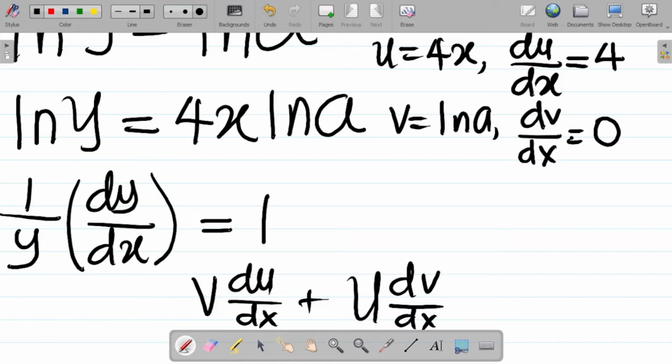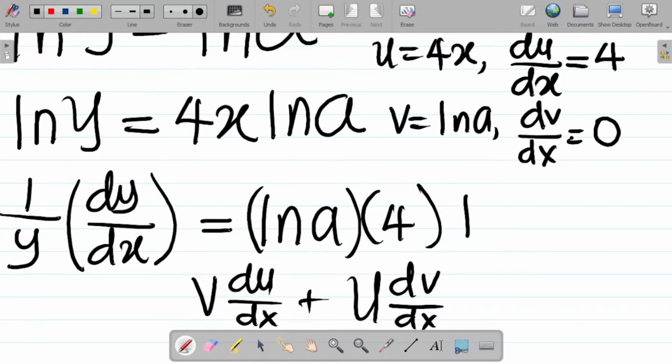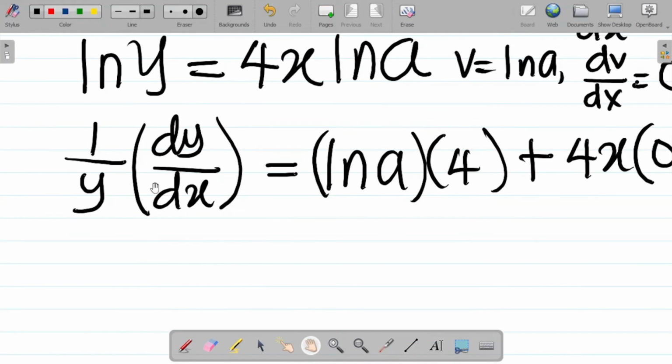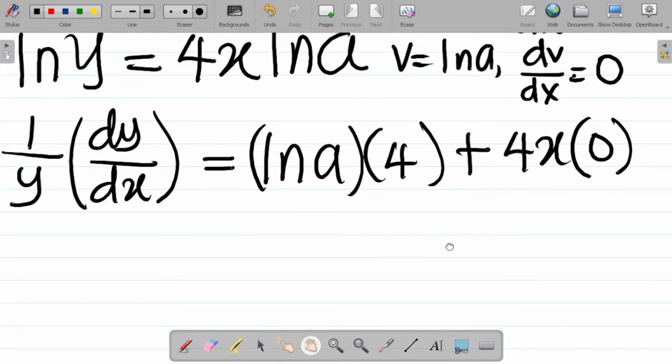V is ln a, so it becomes ln a, into du dx, which is 4, plus u, which is 4x, into dv dx, which is actually 0, so into 0. So you have this after using product rule. See the way I solve this: for the left hand side, we use implicit differentiation; for the right hand side, we use product rule.